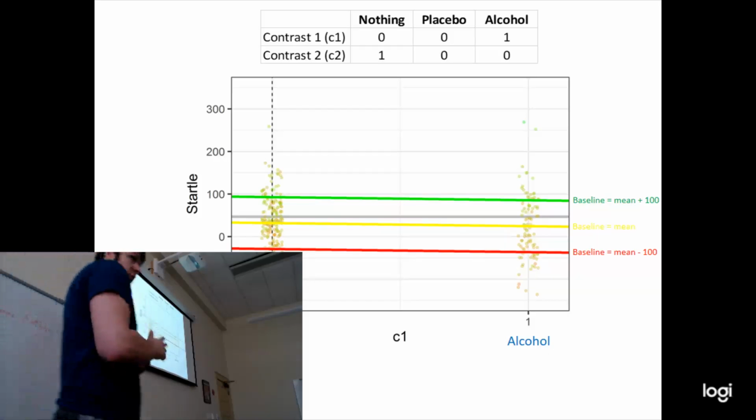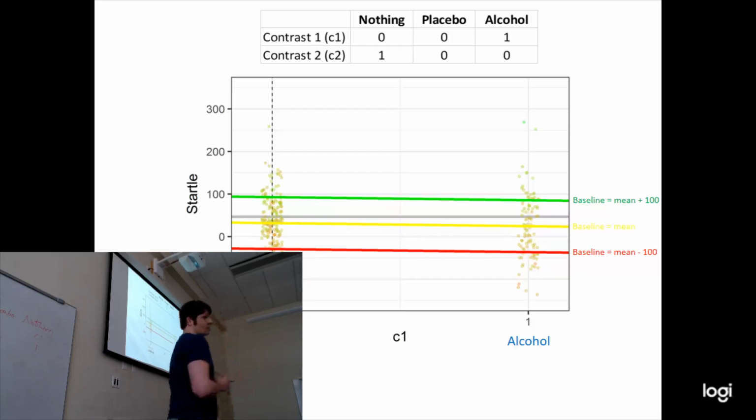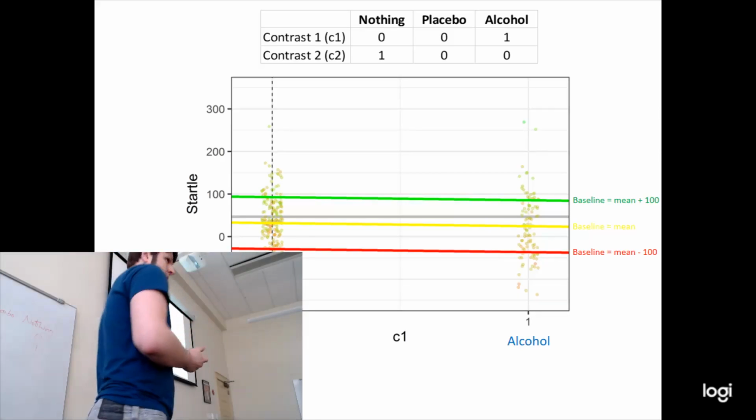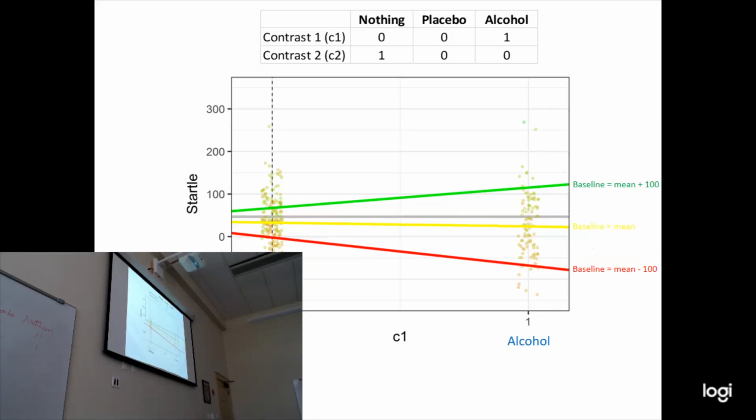So this is one of the graphs that we work with, the one that shows C1 on the x-axis. Let's see what happens if I go from an additive model to an interactive model. By going to an interactive model, one way of understanding what you're doing conceptually is that you're allowing these three lines that I plotted to have different slopes.